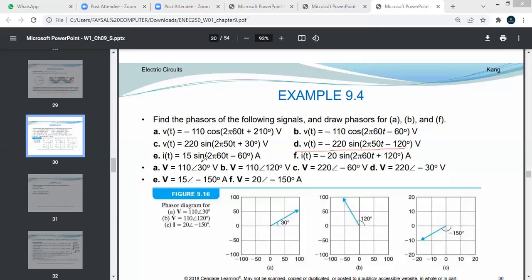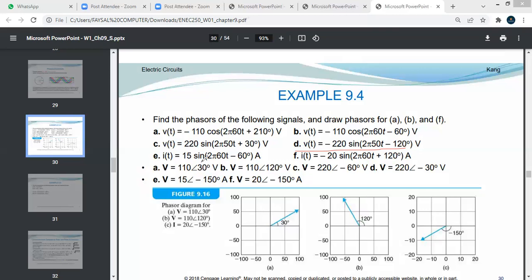Moving towards my part number F. Part number F is minus 20 sine 2 pi 60t plus 120 degree. So first value is again my amplitude value, as I do first. So this 20 equals the value of amplitude, and then 120.